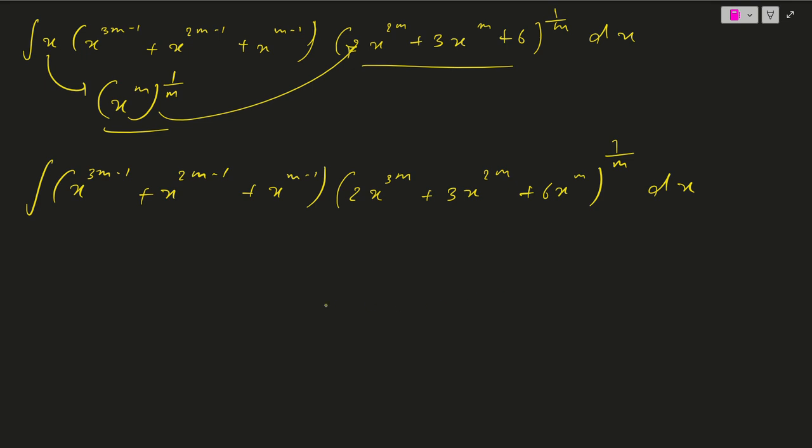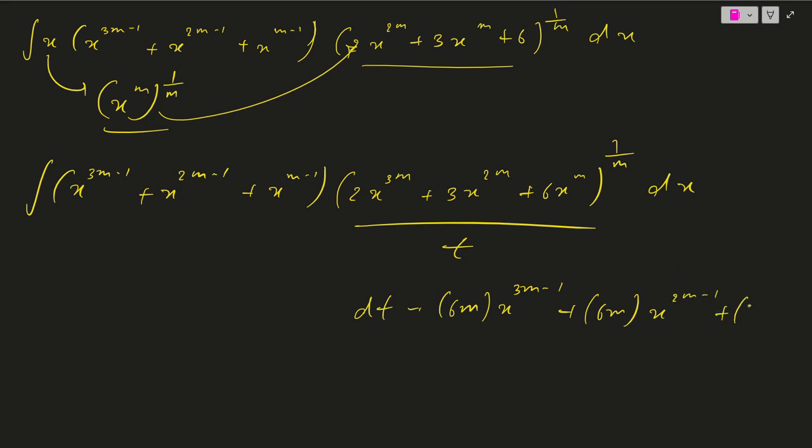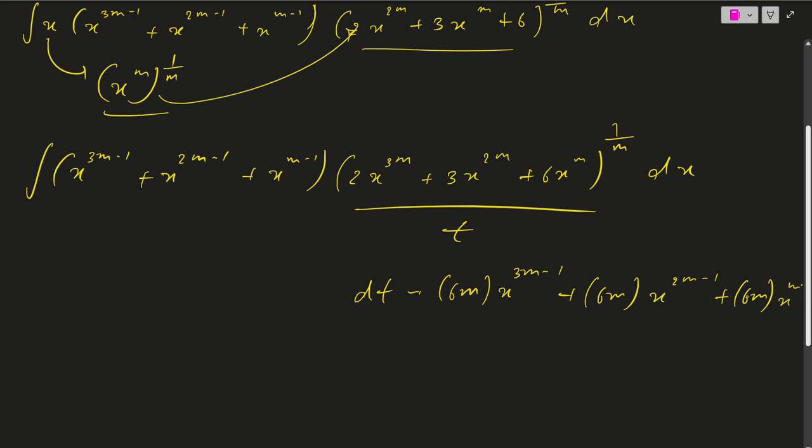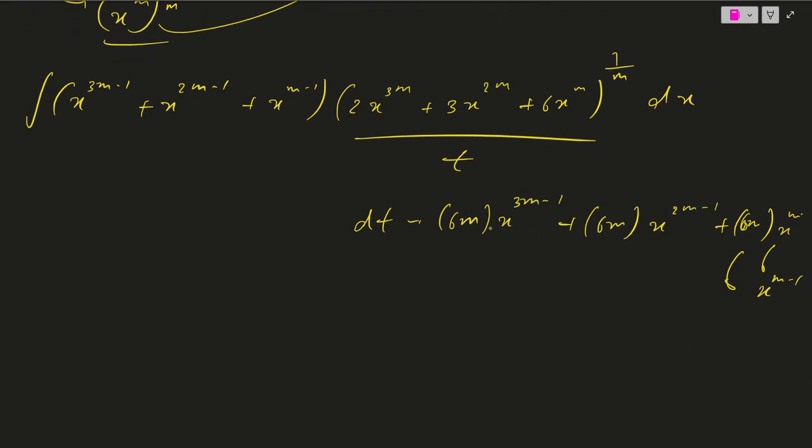Now all we have to do is to assume this term as t, and then dt will be 6m x^(3m minus 1) plus 6m x^(2m minus 1) plus 6m x^(m minus 1) dx.